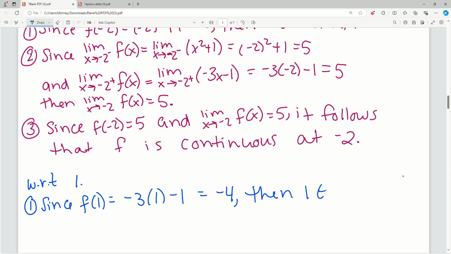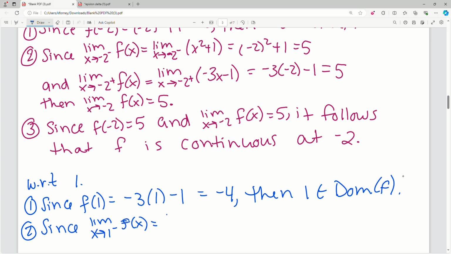So 1 is in the domain. The second thing is to find the limit from the left and the limit from the right.